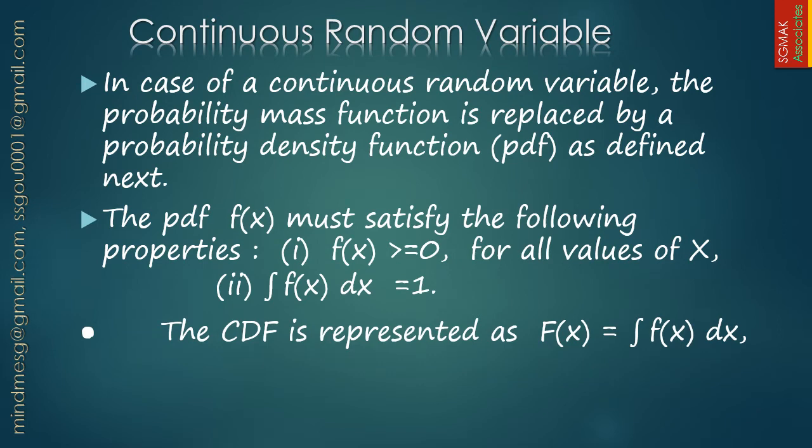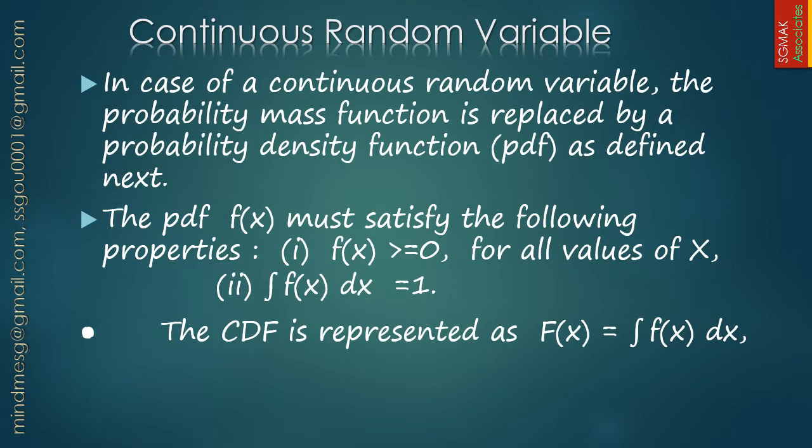A probability density function for a continuous random variable, f of x, must satisfy the following properties. f of x should be greater or equal to 0 for all values of x. And if you take the area under the curve between the lower bound and upper bound of the random variable of interest, then that area should be equal to 1.